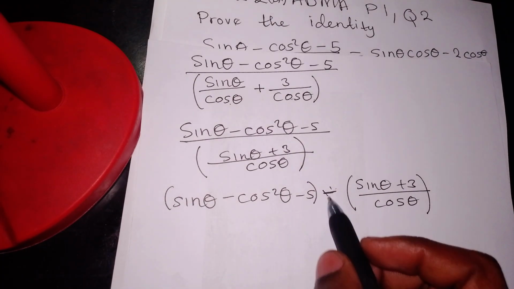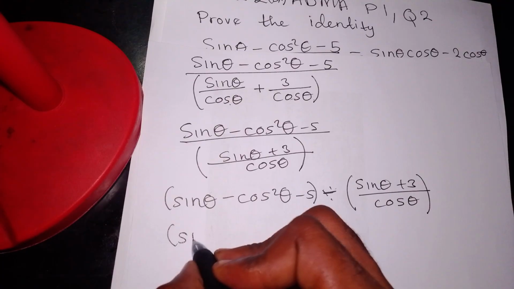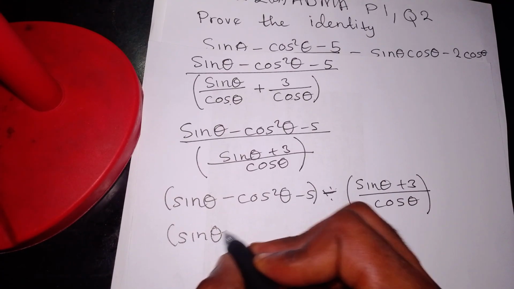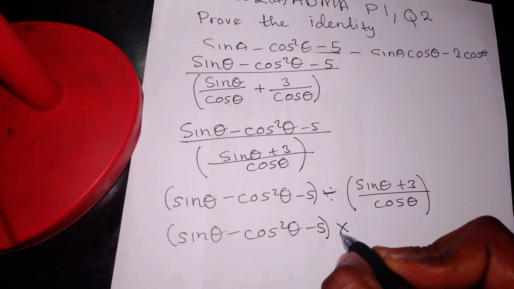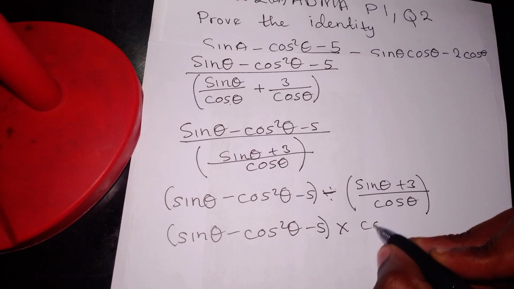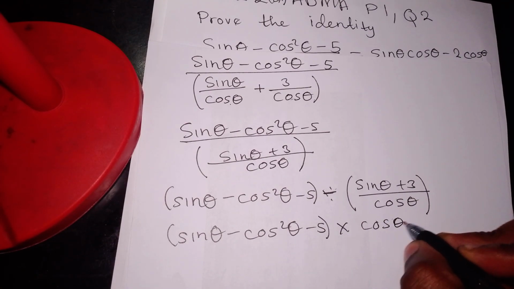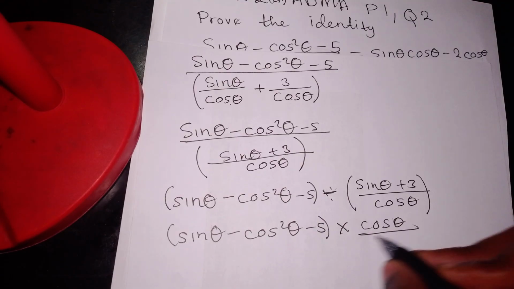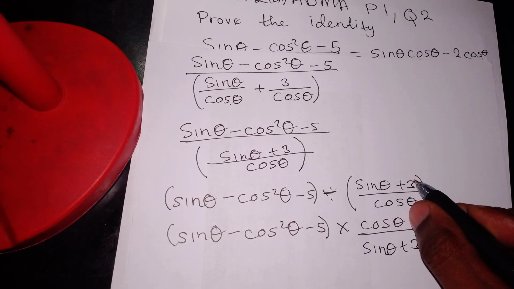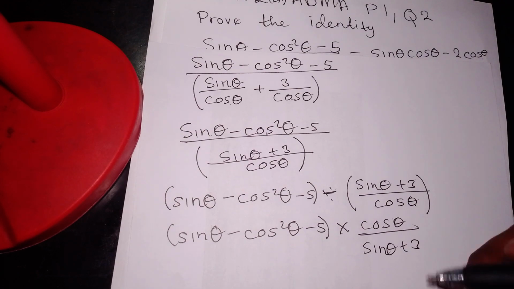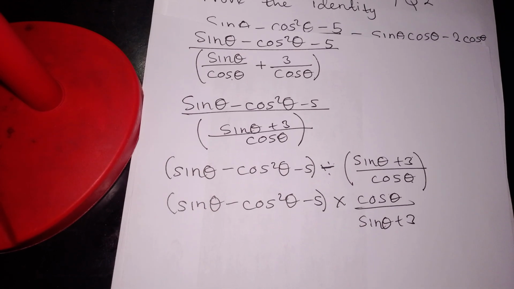So now for division, we all know that you can always convert it to multiplication by reciprocating the other fraction. So this one will be reciprocated. The denominator becomes the numerator and the numerator becomes the denominator.